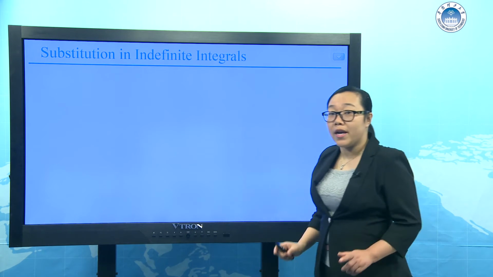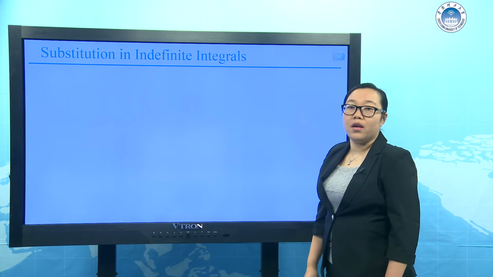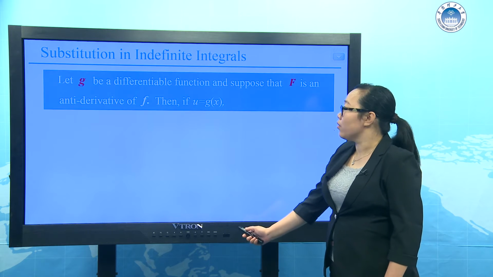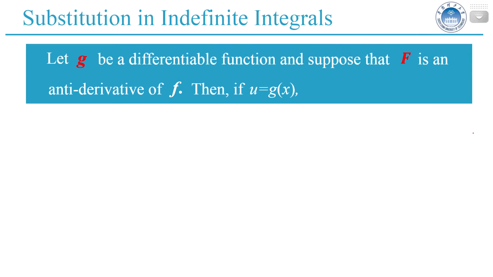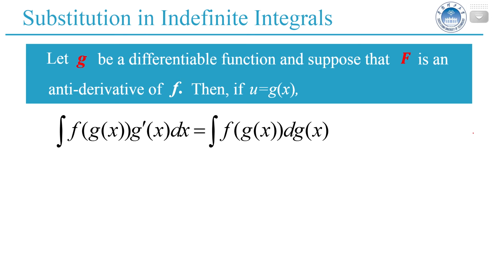Now I can give you an idea: substitution in the indefinite integrals. Look at this. Let g be a differentiable function, and suppose that capital F is an antiderivative of little f. Then if u equals g(x), we can get the integral of f(g(x)) g'(x) dx. Taking g'(x) into the differential, we get f(g(x)) d g(x).